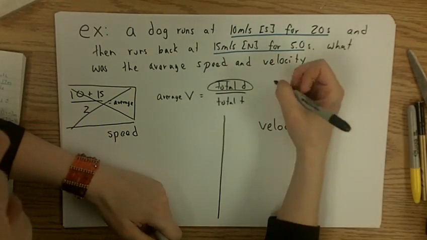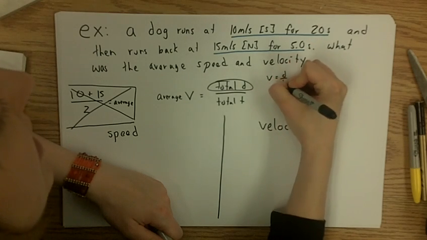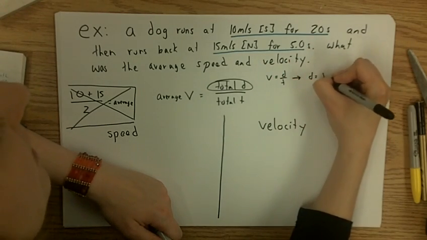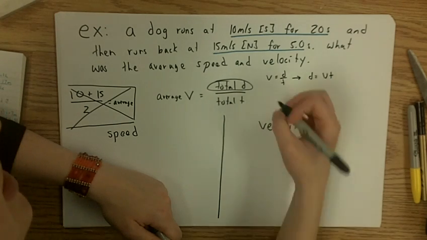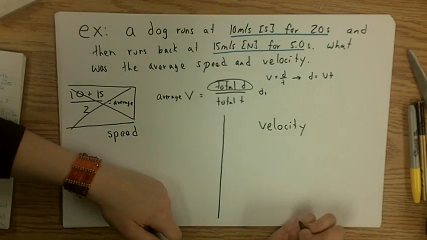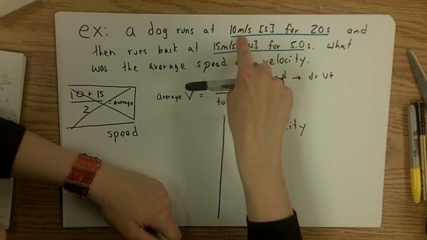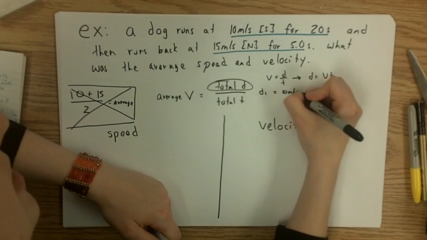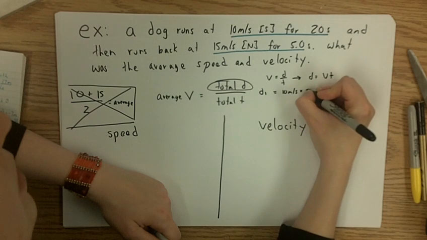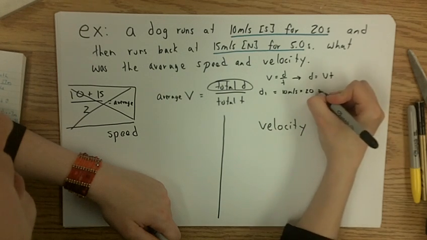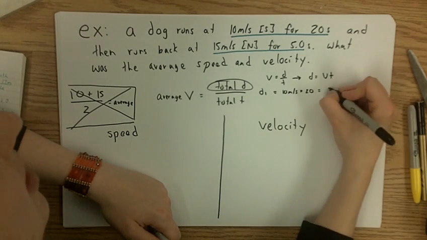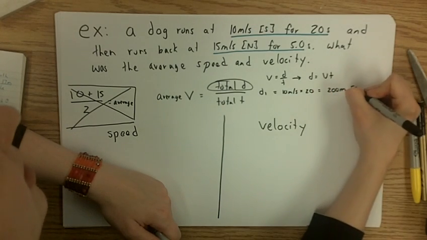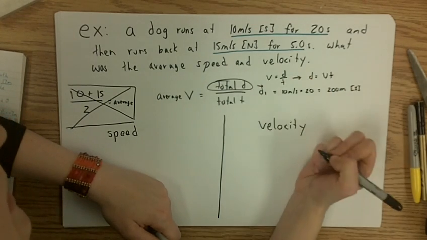To do that, I rearrange v equals d over t for d. This gives me d equals v times t. So the first distance, we shall call it d1, was traveled at 10 meters per second. This gives us 10 meters per second times 20, and that's 200 meters traveled in a southward direction by the dog.